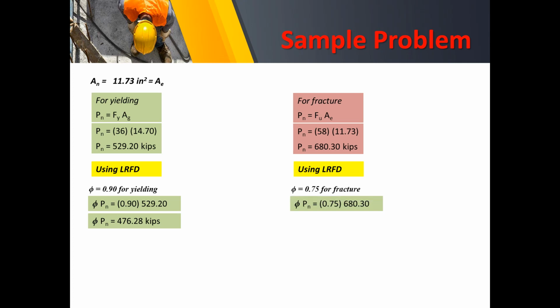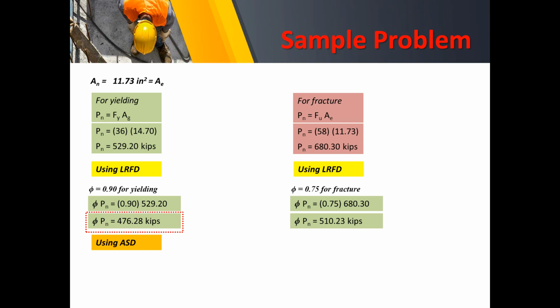So we get 0.75 of the nominal strength, 680.3, and that will be equal to 510.23 kips. Okay. So between the two, of course, we choose the lowest or the least. So therefore, by using LRFD, the design strength is from yielding, or yielding controls on LRFD.